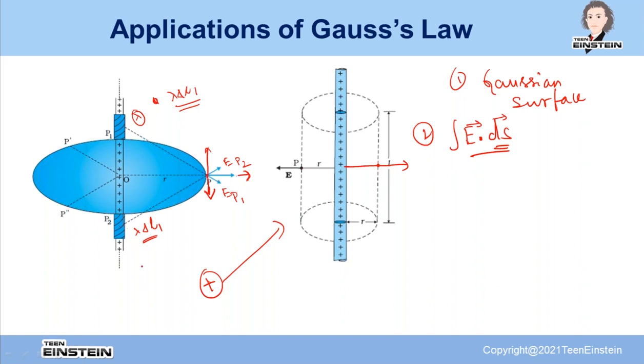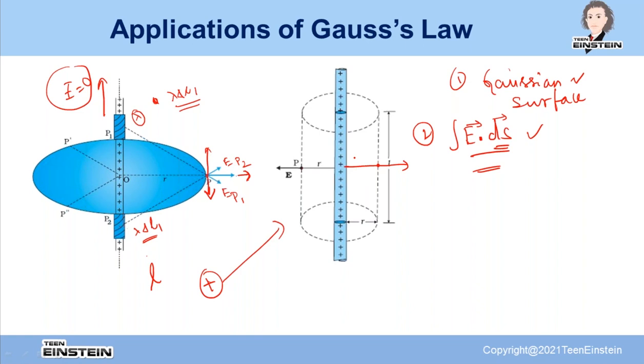To find out the total flux, we have to first find out the direction of the electric field and which surfaces I am going to take for calculating the total flux through. So first we have to draw the Gaussian surface, then we have to find out the total flux through the Gaussian surface. Now I'll show you. We have taken the electric field to be in the radial direction. So what will be the flux through this way? Flux through this way will be 0, right?